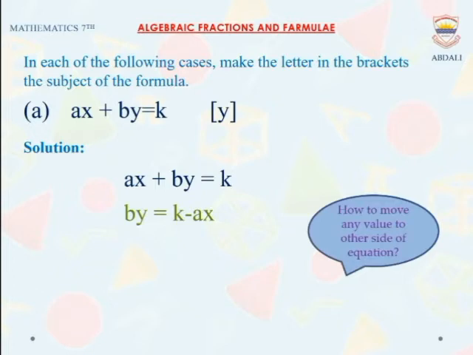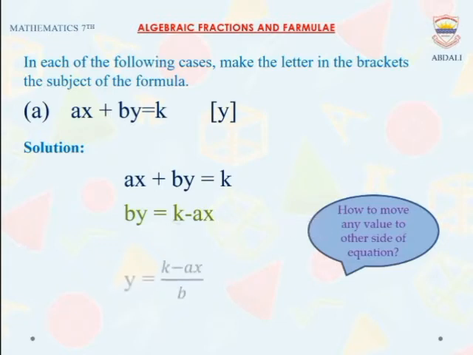Okay, so class, we have to find y. So here with y only one value is left, which is b. b is being multiplied with y, so we will move b to the other side of the equation, and we know that if it is being multiplied here, it will be divided on the other side.